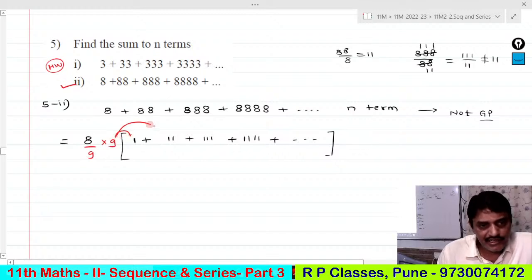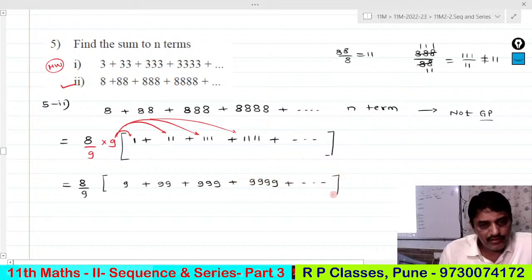And you send this 9 inside. क्या मिलेगा? 8 upon 9 into 9 plus 99 plus 999 dot dot. सही है.